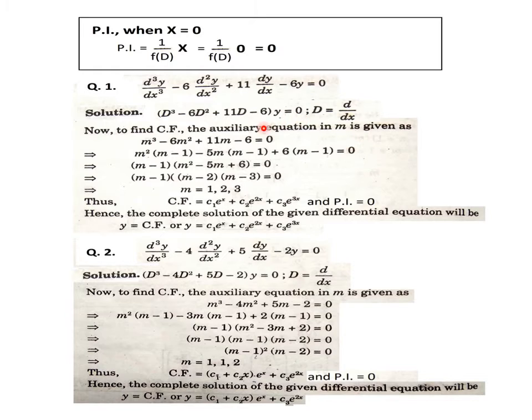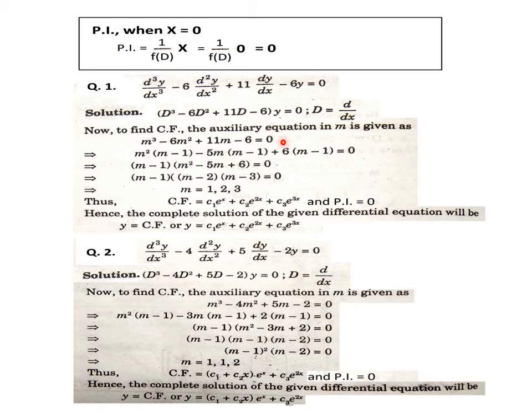And as we discussed, for finding CF we have to create the auxiliary equation by replacing capital D by small m, so it becomes m cube minus 6m square plus 11m minus 6 equals 0, which is a cubic equation in small m, and we have to solve that equation in m of any degree.